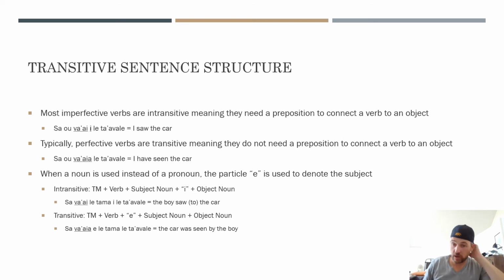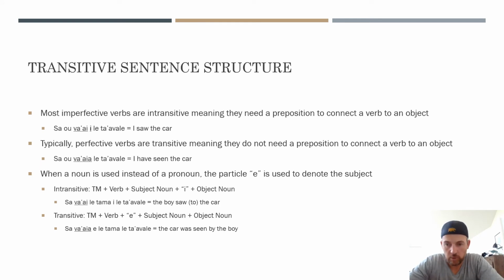And then if we want to say the car, because this is an imperfective verb, it's going to use intransitive sentence structure. I'm going to have to actually say "to the car," just like we did above. So: sa va'ai letama ile ta'avale. The boy saw, to the car.